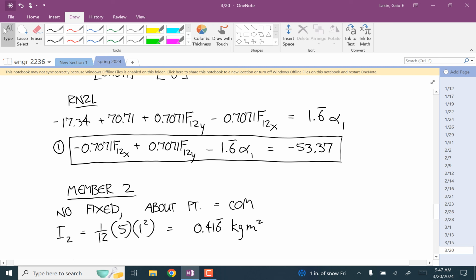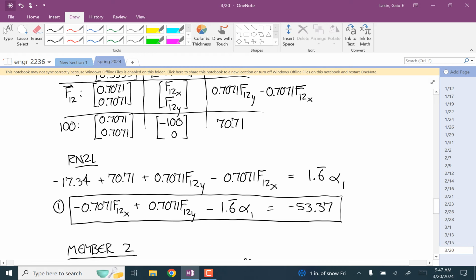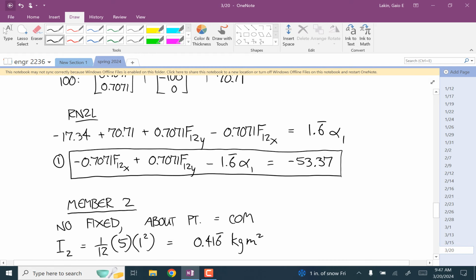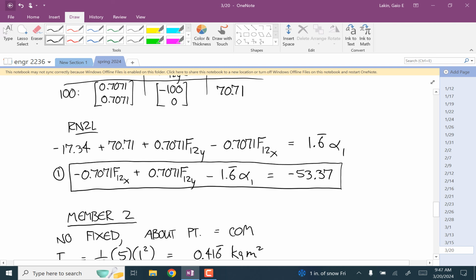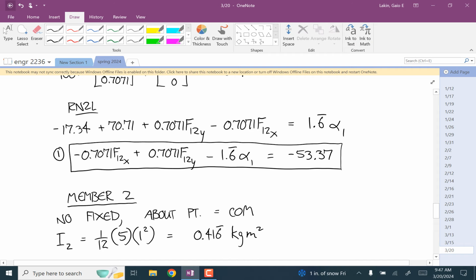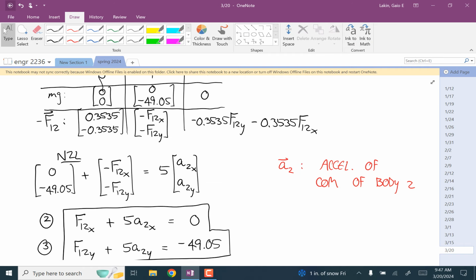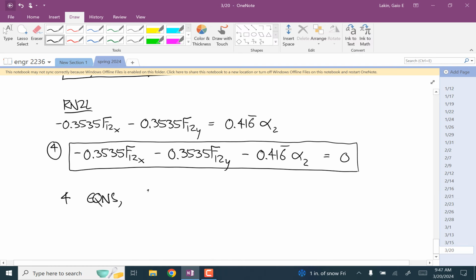Well, I happen to know that it's going to be 6, but let's count them up. 1, 2, 3, and then 4, 5, and then alpha 2 is 6. Okay, so how many constraint equations are we going to need? 2. Yep.